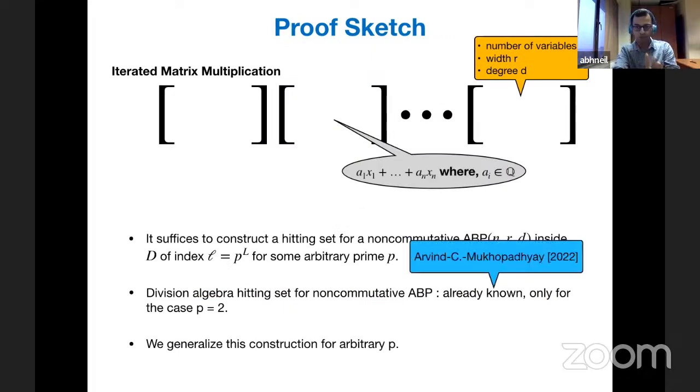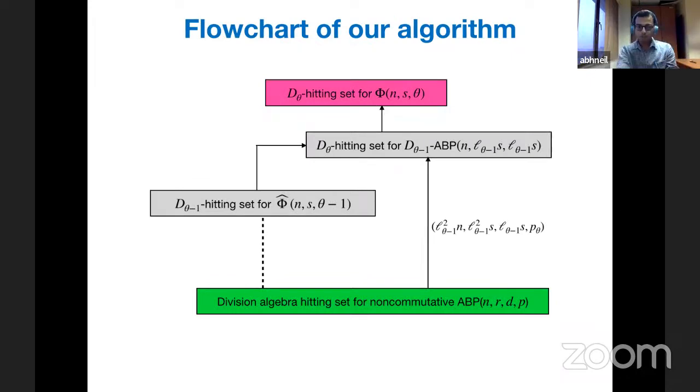before the statement, let me just show you the flowchart of our algorithm. Just assume that we have an oracle that gives me a division algebra hitting set for non-commutative ABP for any prime p. By prime p I mean the index will be p to the power l for that given prime p. Our goal is to construct a hitting set for height theta. Suppose inductively we have built the hitting set up to theta minus 1. As we have shown, we can now reduce this problem to hitting set construction of this D theta minus 1 ABP.